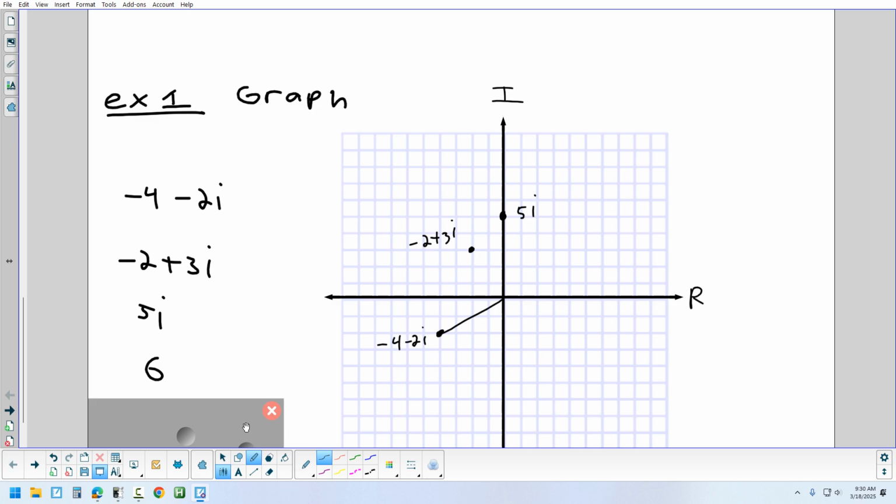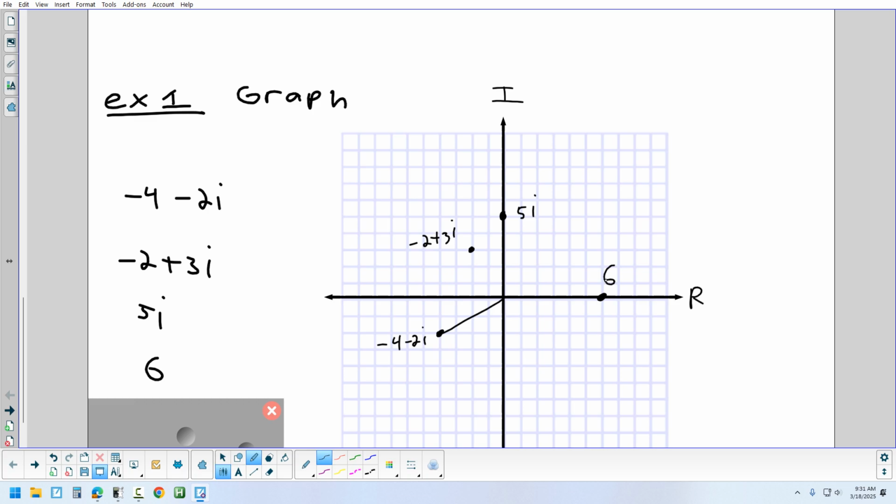Would it be 6 on the real axis? Okay, which way? To the right. Yep, it's like graphing the point 6, comma 0. 6 plus 0i. There's no imaginary part. And that's also on an axis.